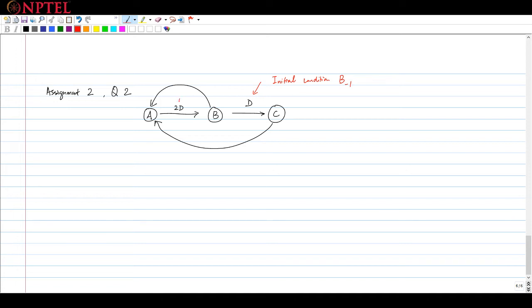And this is also an initial condition, right? A minus 1 and A minus 2 are both present, are both available. Right?